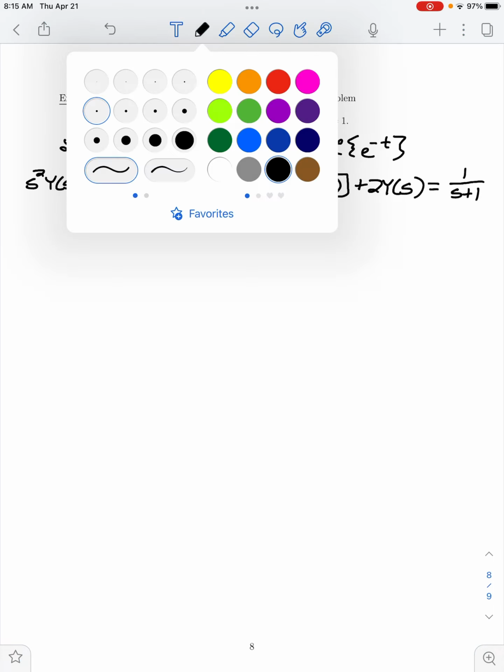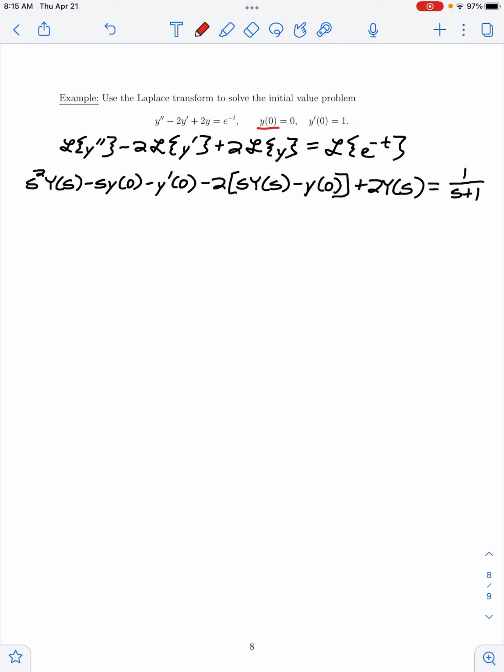So our next step is to again apply our initial conditions for y of 0 and y prime of 0. We see that y naught is 0, so these two terms will disappear, and our y prime value is 1. So on the left-hand side, if I group all of the capital Y terms together, I have s squared minus 2s plus 2 times Y, and then minus y prime of 0, which was 1.